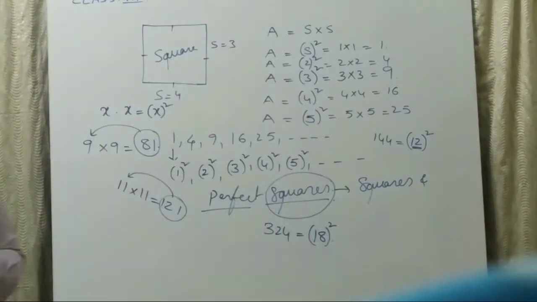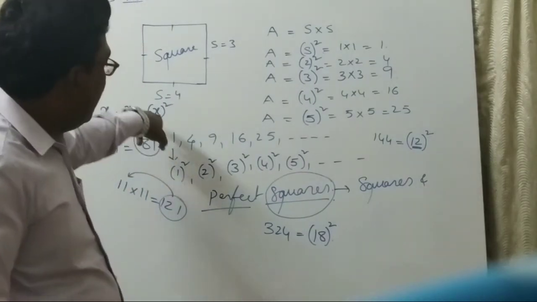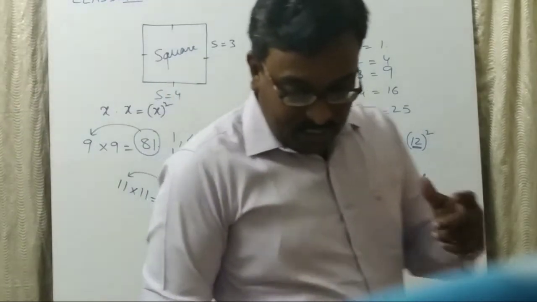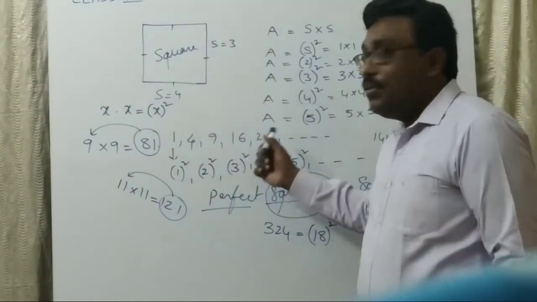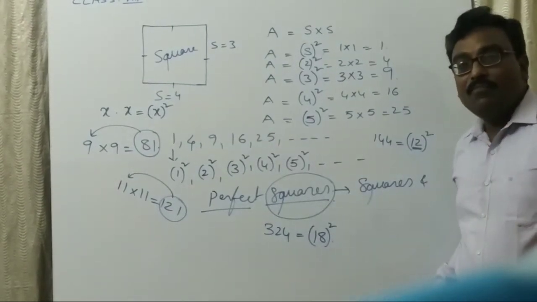So what is meant by a perfect square? If a number is multiplied by itself, then the resultant is called a perfect square.